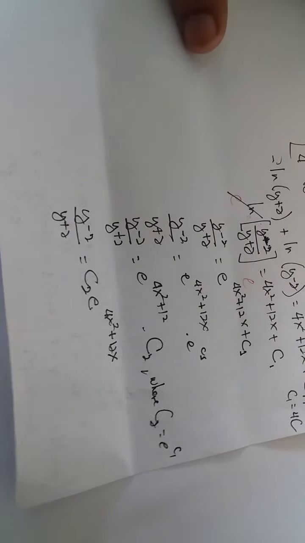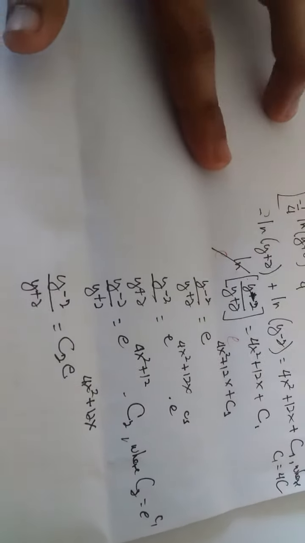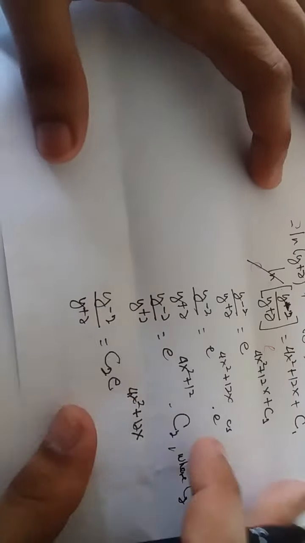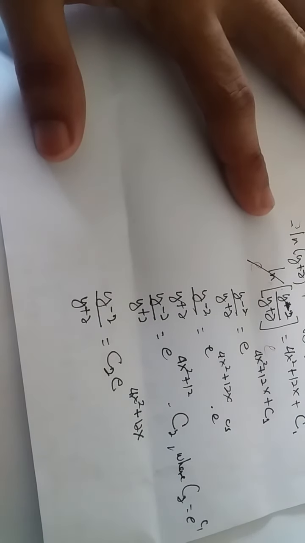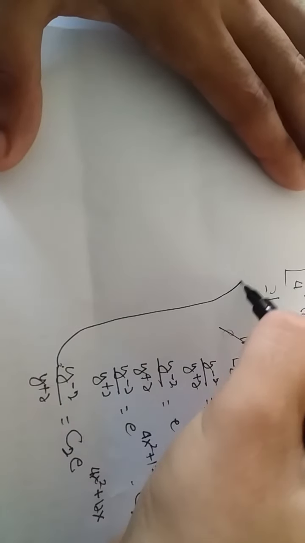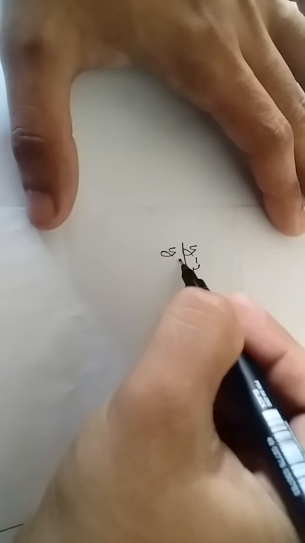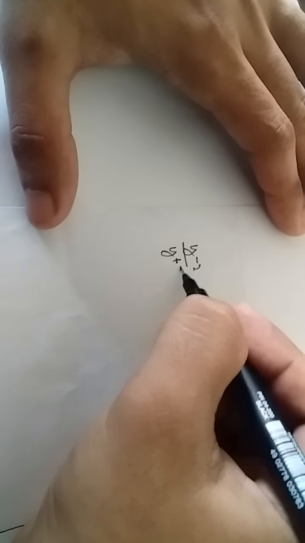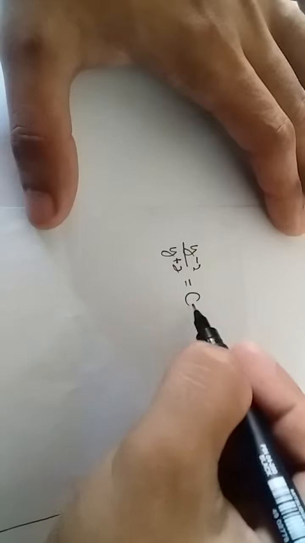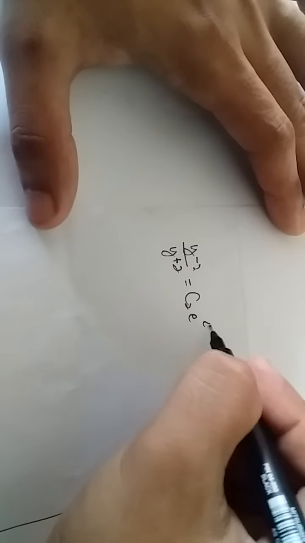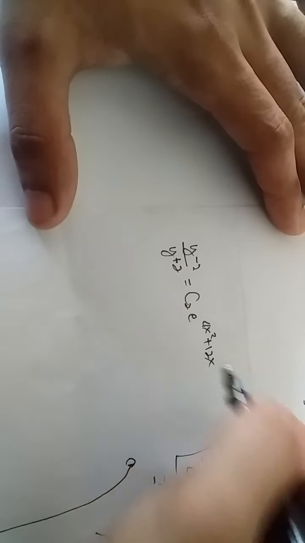Okay, so we are not yet done here because we will solve it further in terms of y. So we have y minus 2 all over y plus 2 equal to c sub 2 e to the power of 4x squared plus 12x.